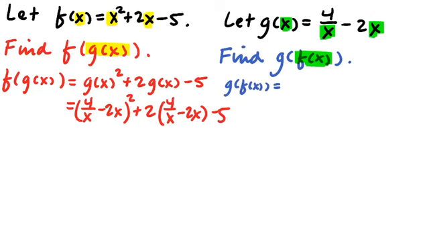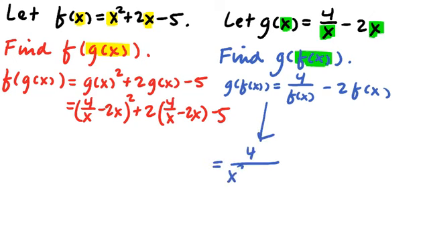So it's going to be 4 over f of x minus 2 f of x. But I have an equation for f of x: x squared plus 2x minus 5. I'm going to drop this down so I have a little more room. It's going to be 4 over x squared plus 2x minus 5, minus 2 times x squared plus 2x minus 5. And that's good enough.